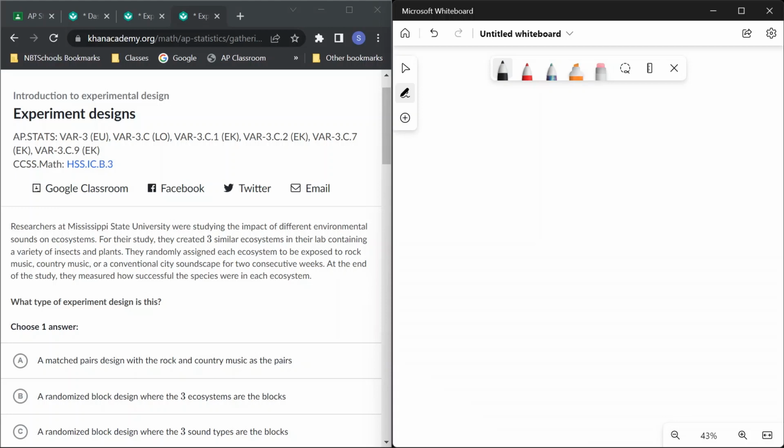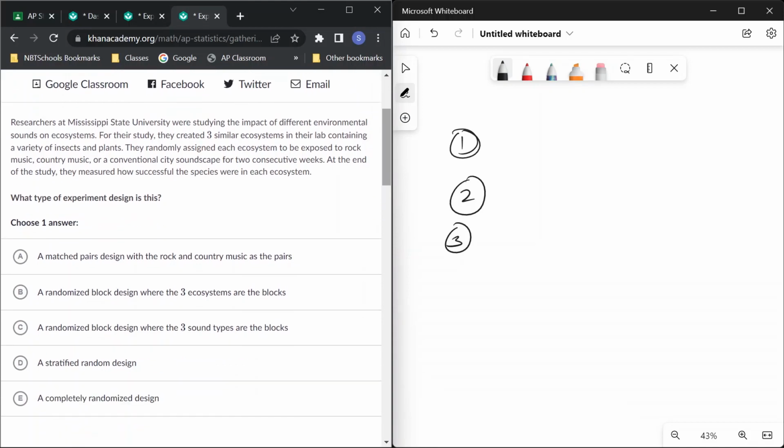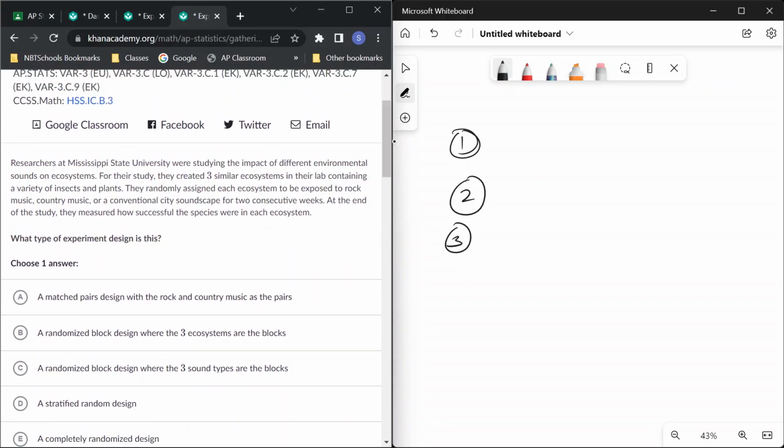They randomly assigned each ecosystem to be exposed to rock music, country music, or a conventional city soundscape for 2 consecutive weeks. So if you can't draw it out, maybe?